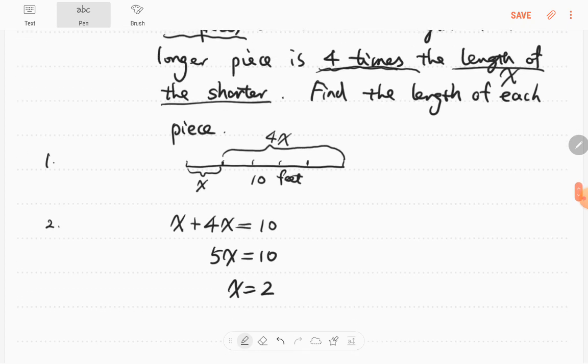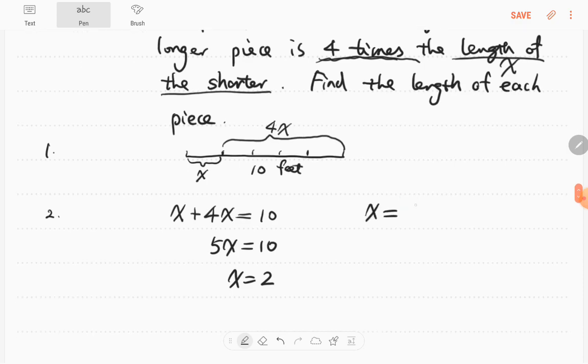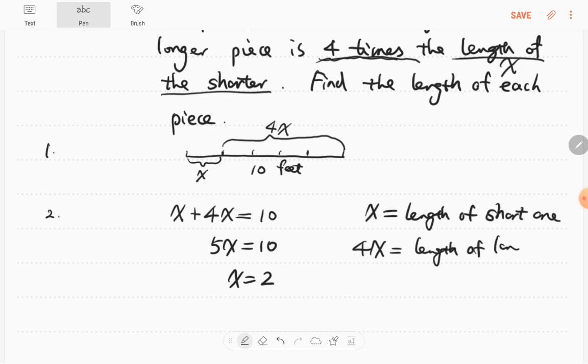Make sure you know what our x is this time. x is the length of the short piece. Then 4x will be the length of the long one.